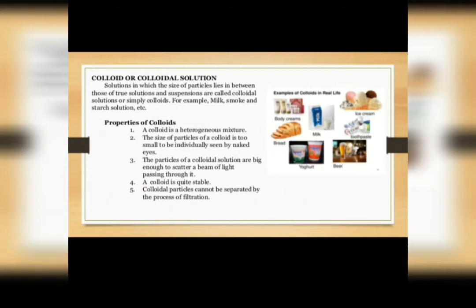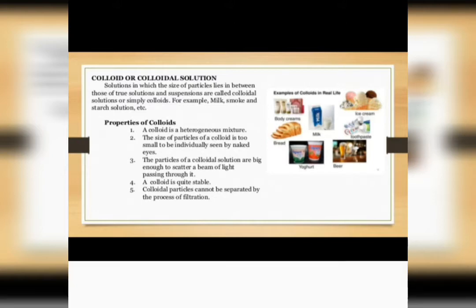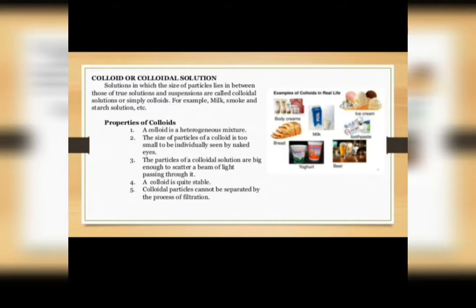Another property of colloids is that the particles of most colloids cannot be seen even with a microscope, because they are very small. Particles of suspension can be seen by microscope, in fact by naked eyes. Another property is that colloids can pass through filter paper.